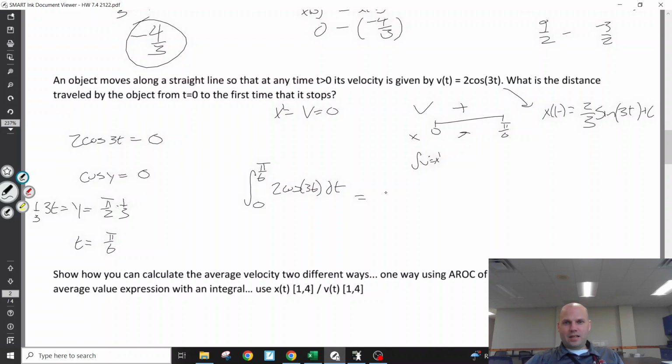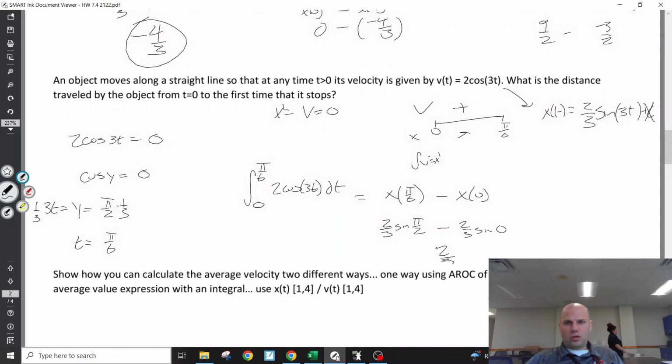So I need my position at pi over 6, which is 2/3 sine pi over 2, minus my position at time 0. I don't need to worry about the c because I'm subtracting. It'll go away when I subtract. 2/3 sine 0.